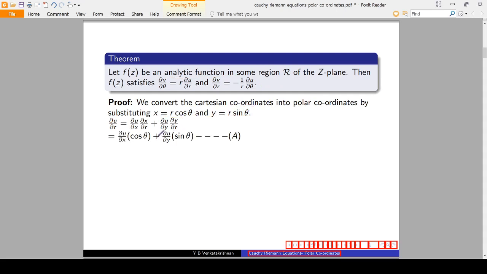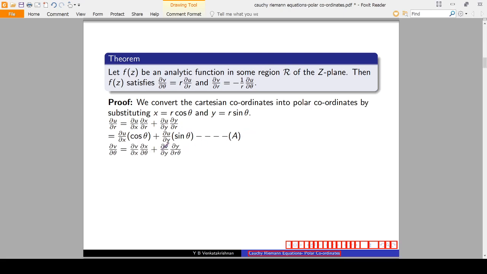And when I substitute, dou x by dou r gives cos theta, and dou y by dou r will be sin theta. So I call this equation A.